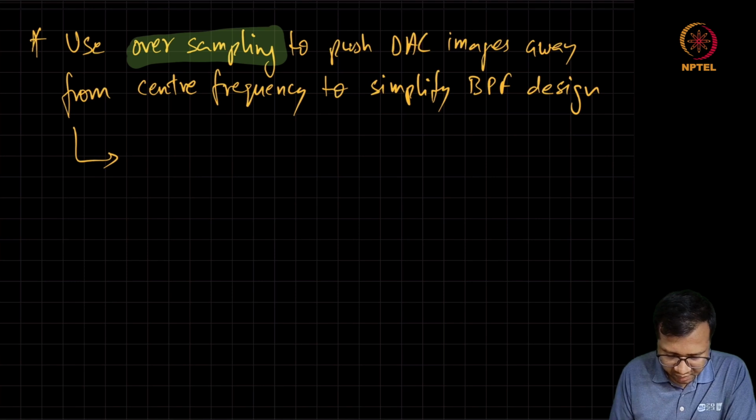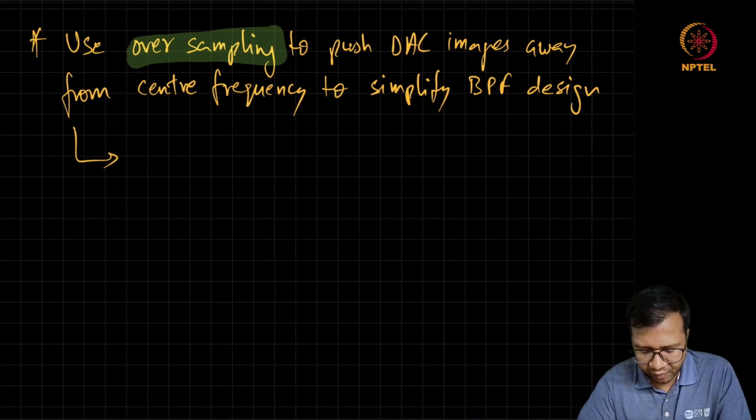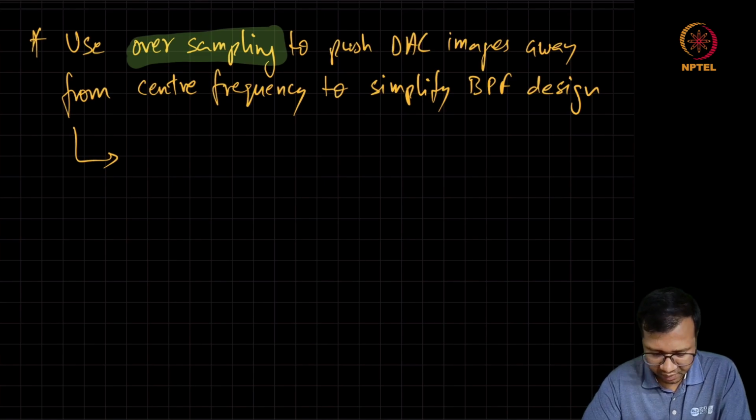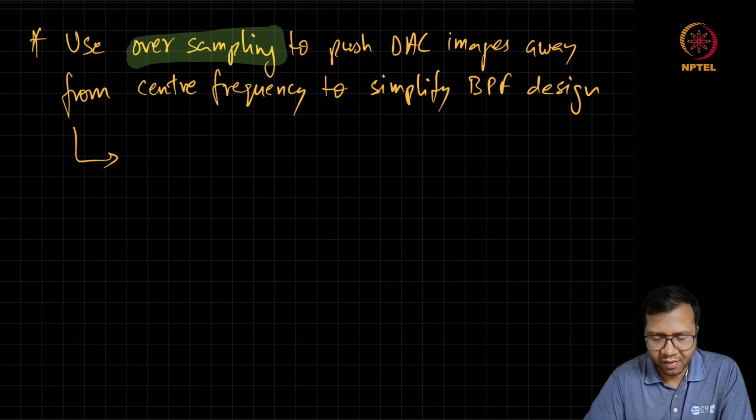But one issue is that we again need to have those filters at the RF, and even though the order has been reduced, we still need to make those tunable bandpass RF filters. So it is not a complete digital solution.